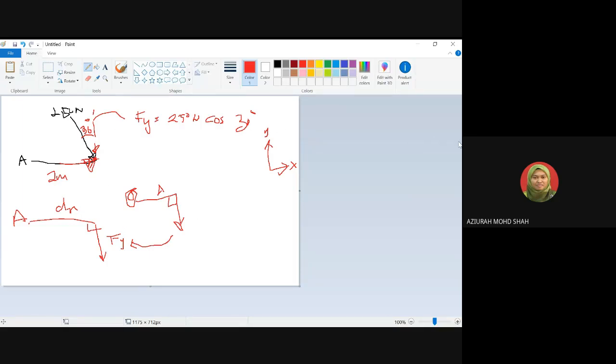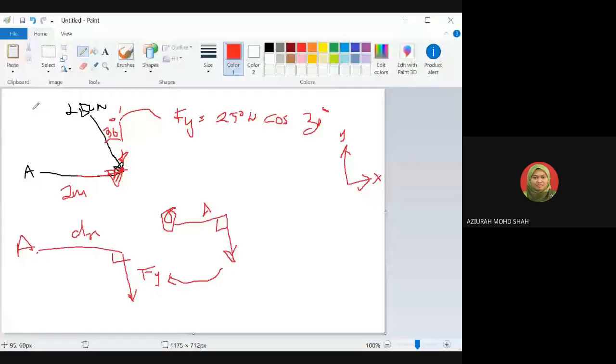Tapi cuba kalau you imagine macam kalau dia satu line, you pull ikut line of action yang sama. Does it cause rotation? Dia tak akan put rotation. Sebab tu kalau you nak pusingkan pun spanner ke apa ke, you must have the angle. Tak ada angle, you cannot rotate.